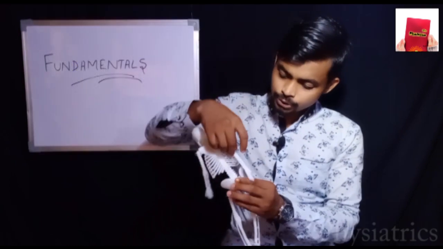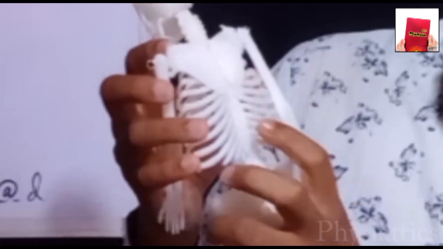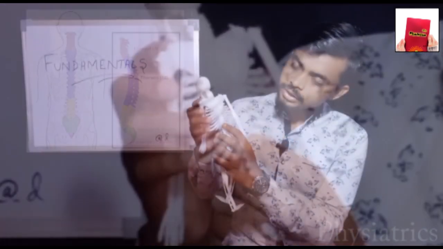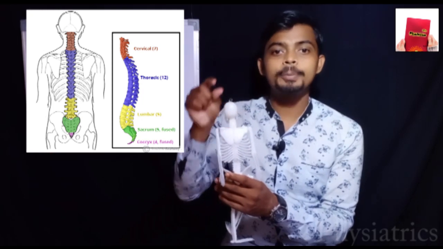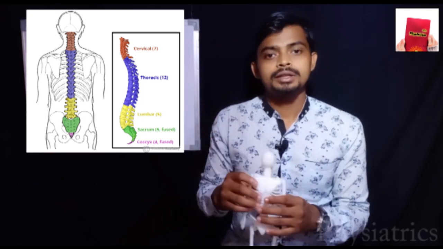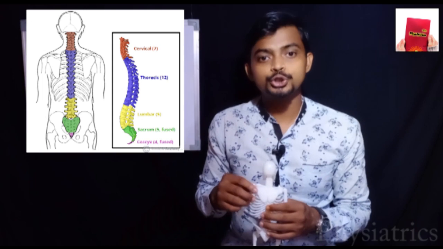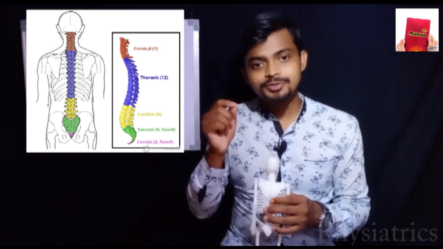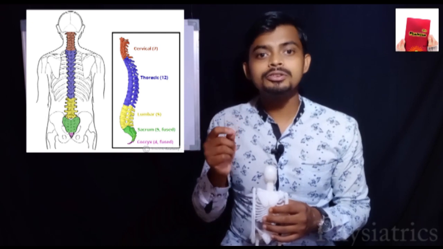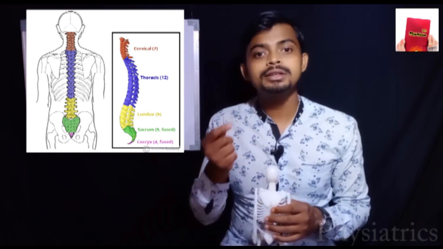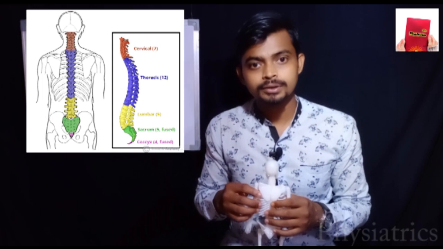As you can see, here are the vertebrae. The vertebrae are arranged one upon another. There is a joint space or joint gap. This joint space is maintained by various soft tissues like the ligaments and the muscles.